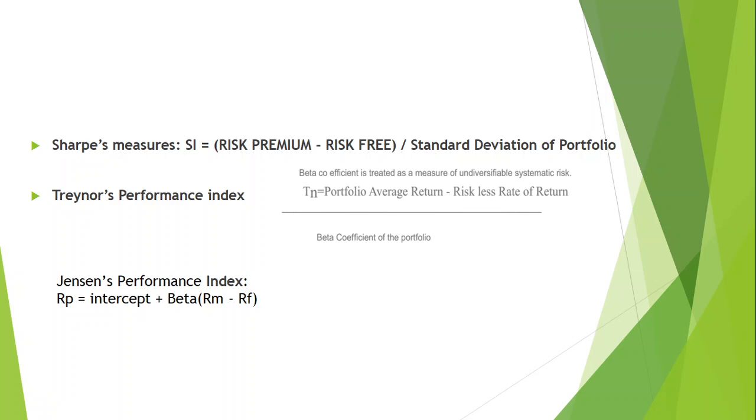We have another model to measure the portfolio, that is Jensen's performance index. The absolute risk adjusted return measure was developed by Michael Jensen and is commonly known as the Jensen measure. It is mentioned as a measure of absolute performance because a definite standard is set and performance is measured against that.